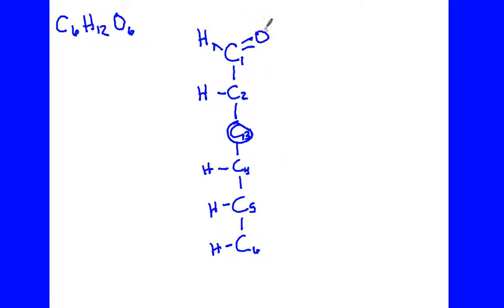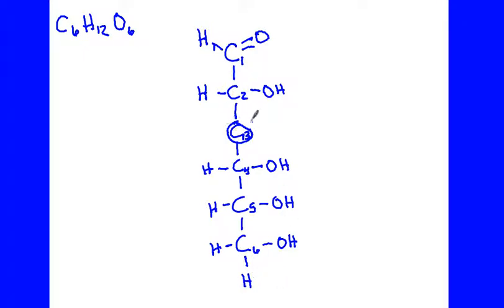Now I have an oxygen on this side, so I'm going to come down and put OH on each one of those carbons, except on that special third carbon. And then I'm going to come down here and fill in my last bond with hydrogen.